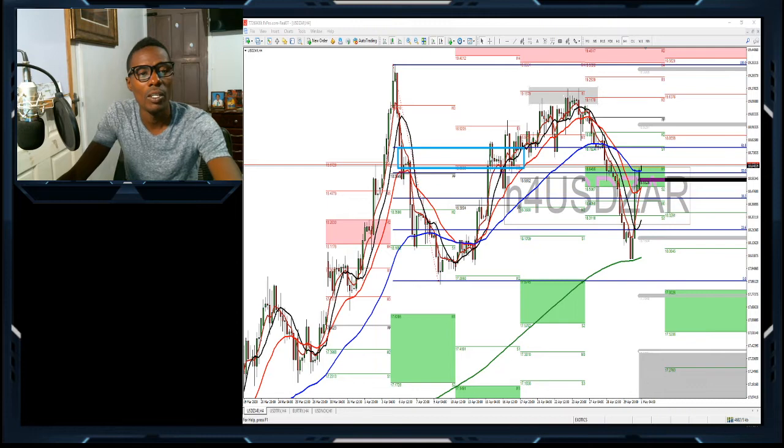So I had a shot right in here at the 61.8 fib level. I managed to get in, but I got stopped out at break even. My second attempt was somewhere around this top area.